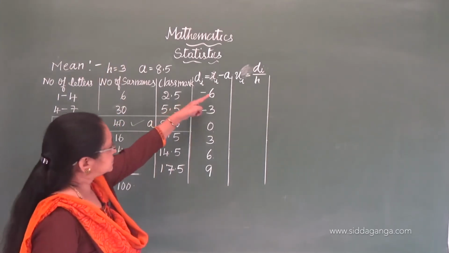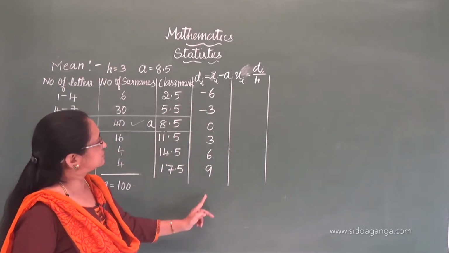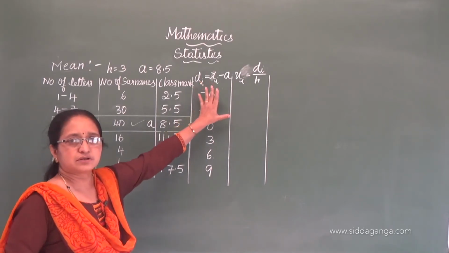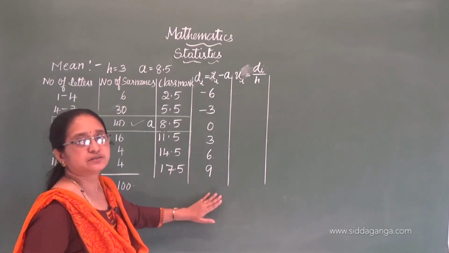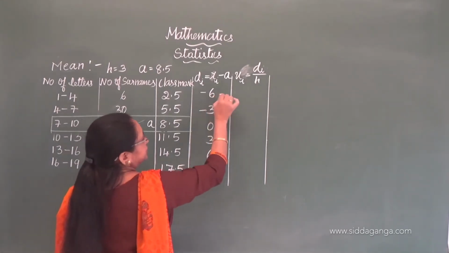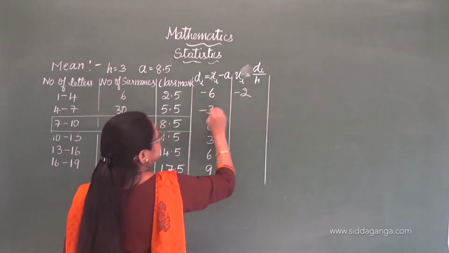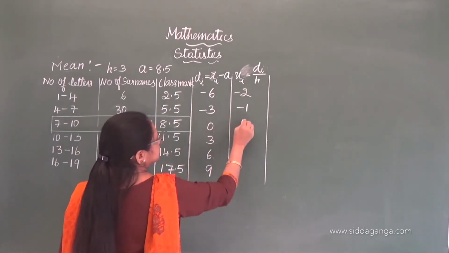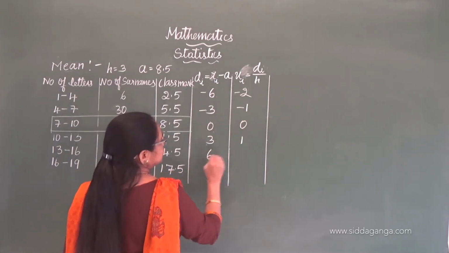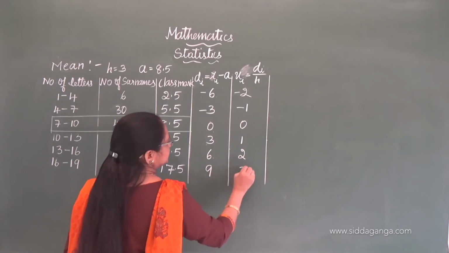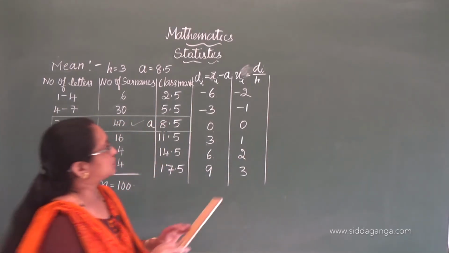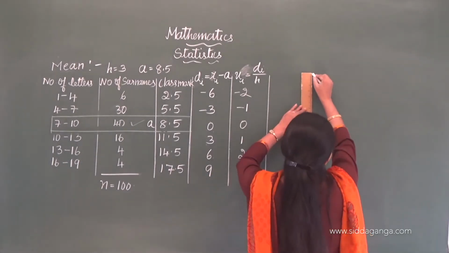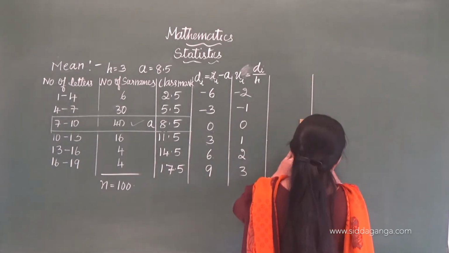Now, see the values here, they are multiples of 3. So when you divide by 3, they reduce: minus 2, minus 1, 0, 1, 2, 3. Next, what is the next column? Next column is fi ui.